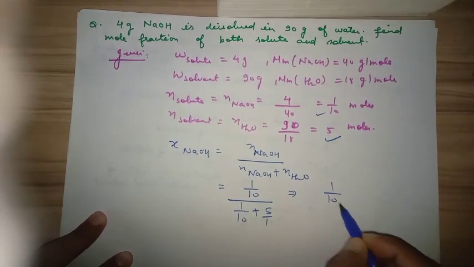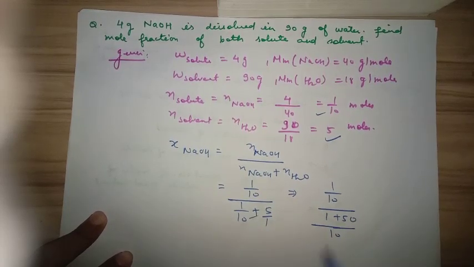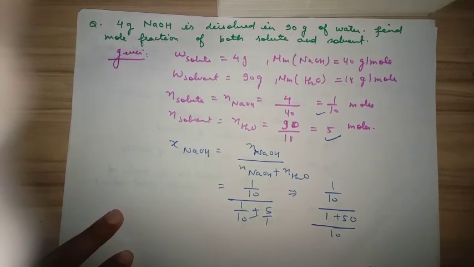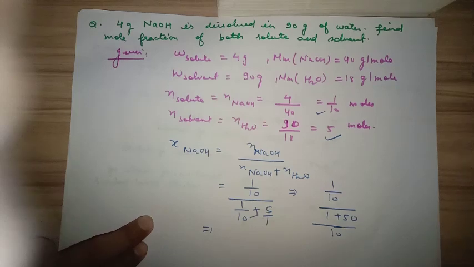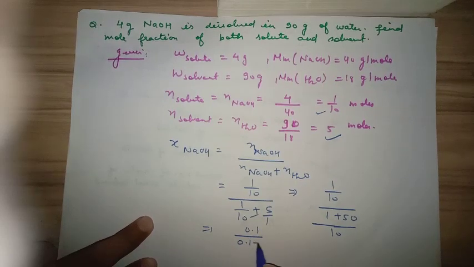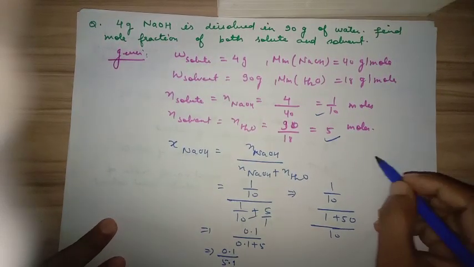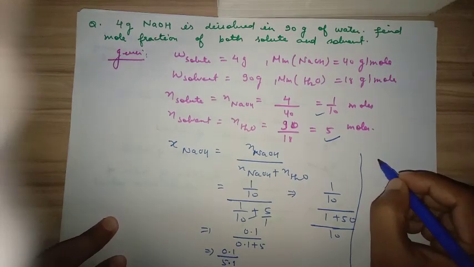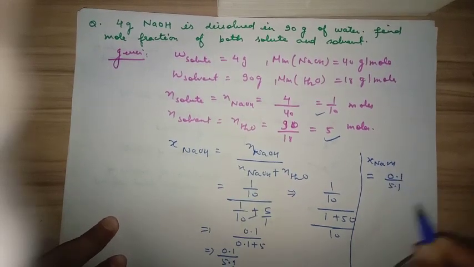On solving, one will get 1 by 10 upon 1 plus 50 by 10, that is 51 by 10. Now it can be written in decimal. So in decimal, it will be 0.1 upon 0.1 plus 5, that is 0.1 upon 5.1. So x NaOH is equal to 0.1 upon 5.1.